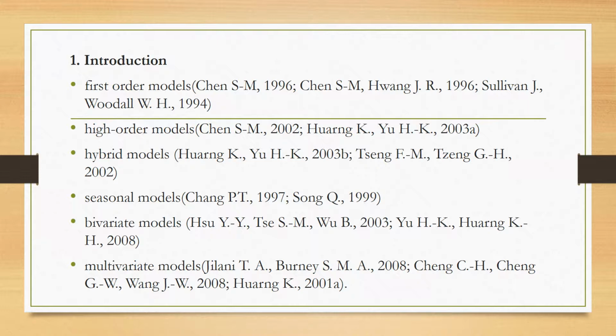Since then, many fuzzy time series models have been proposed, such as first order models, Chen, Huang, Sullivan-Wood, high order models, Chen, Huang, Yu and Huang, hybrid models, Huang, Tseng, Tzeng, seasonal models, Chang, Song, bivariate models, Hsu, Tse, Hu, Yu and Huang, and finally multivariate models, Giuliani, Burnley, Chang, Chen, Wang and Huang.